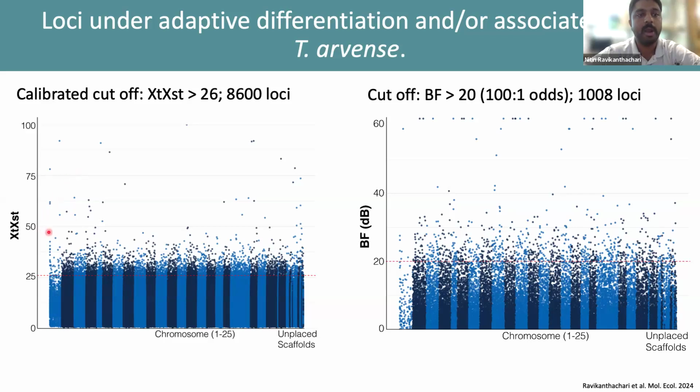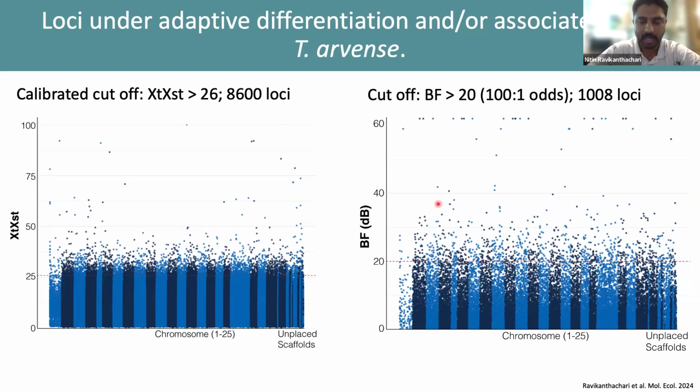We also looked at genotype by environment association using a Bayes factor, so 100:1 odds of being associated with that particular environment, that environment being the presence of class P. And we found about 1,008 loci that were associated with the presence of class P.